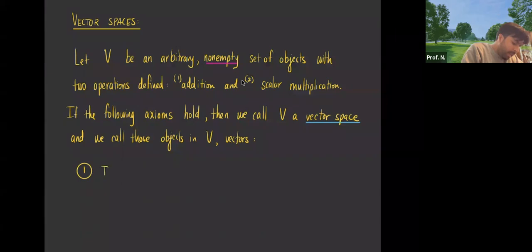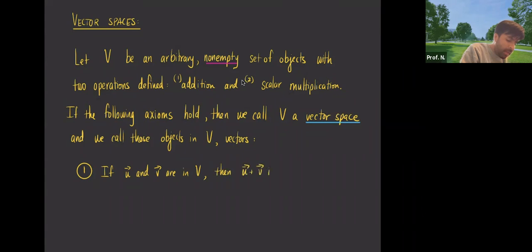So the first one is, if I'm going to use the little symbol, a little arrow above to denote a vector, so if u and v are in V, then u plus v is in V. I'm gonna rewrite this a bit shorthand in a shorter notation.